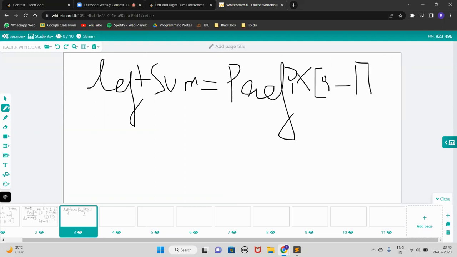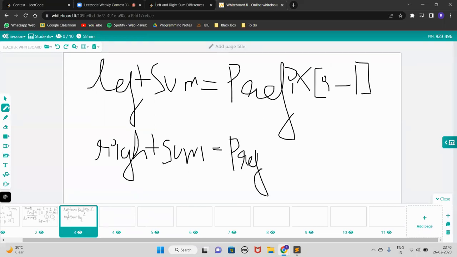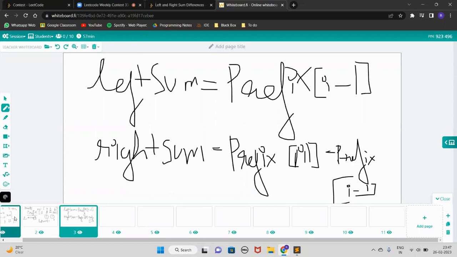And the right sum would be equal to prefix of n minus prefix of I. If you write down the values one time, you can easily confirm that this will hold true. Let me give you an example for this array.